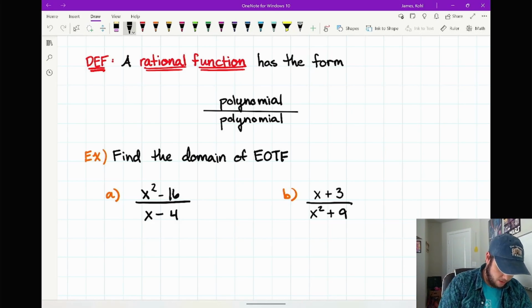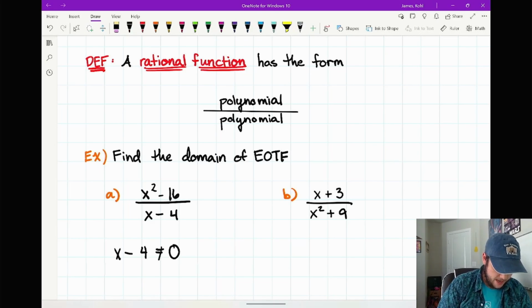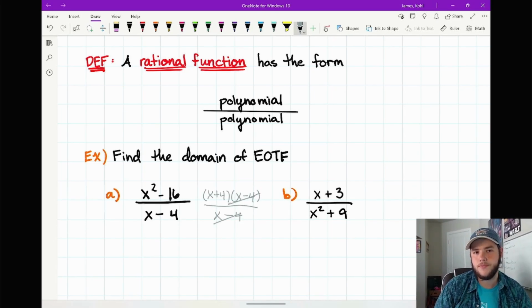In problems like part A, that's going to be an issue. I can't have, for this problem, that x minus 4 is equal to 0. But you'll notice something interesting happens. I could fully factor the top into x plus 4 and x minus 4, and then it'll cancel out with the x minus 4 in the denominator.